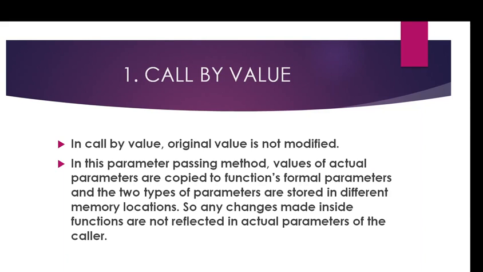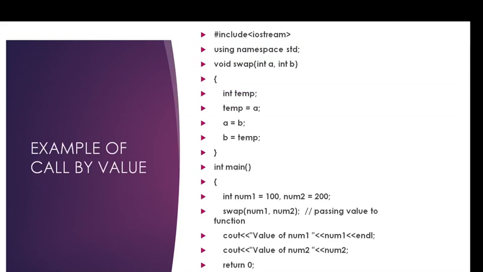Now you already know about actual parameters and formal parameters. So let us proceed. Example of call by value. In this example, we passed the numbers num1 and num2 to the function swap.